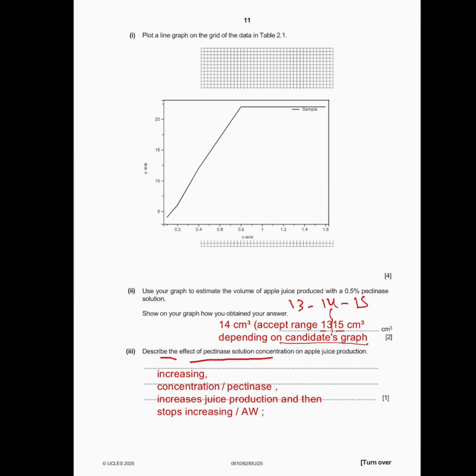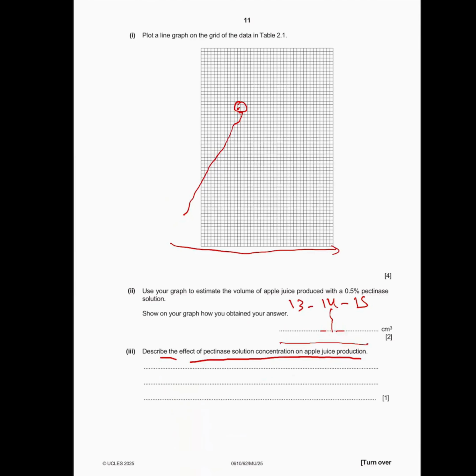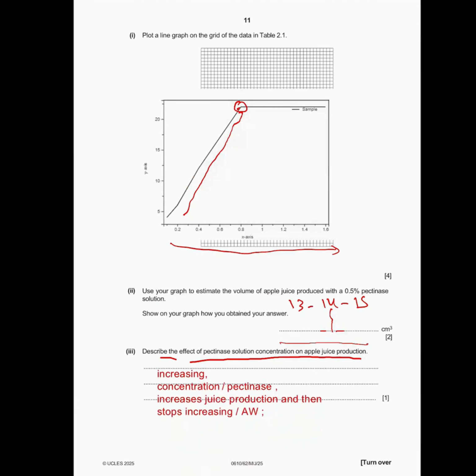describe the effect of pectinase on the apple juice production. What do you think? When the concentration increases, what happens? The volume of apple juice production increases until a certain point, right? Until a certain point. This point you can get it from the table. 0.8 nearly, right? So at this point, what happened? The effect of juice becomes what? Stop, becomes constant. So it was increasing.